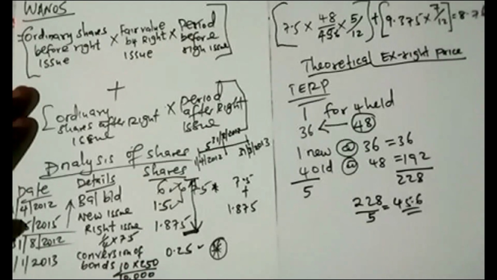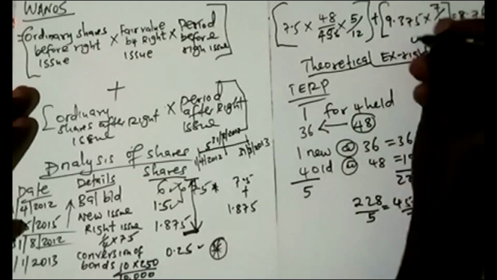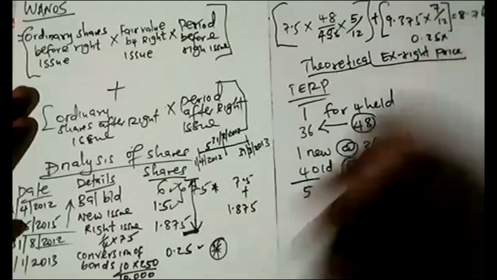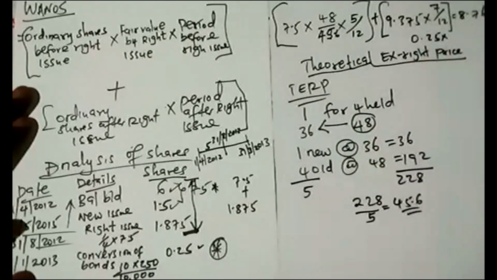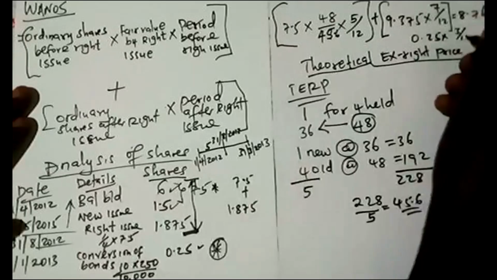So what you always do, you weigh those shares. You take 0.25, you weigh them from the period which they were issued to the end of the year. Remember that it was January 2013. So from January 2013 to the end of the year, those are 3 months. So 3 over 12.